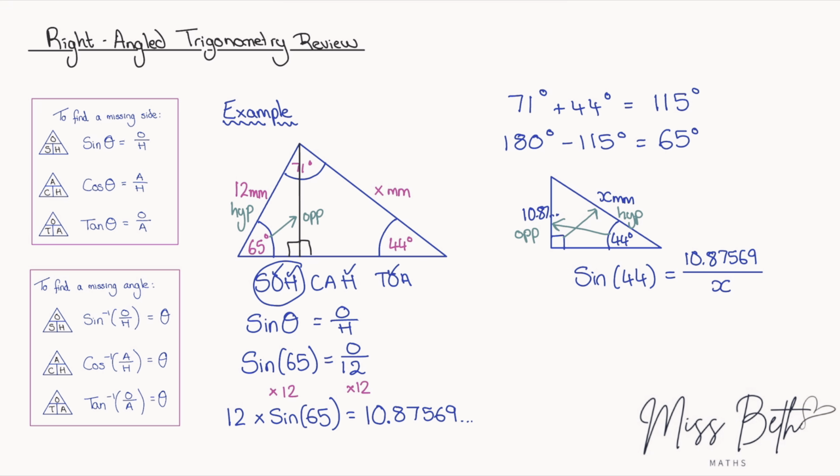So I'm going to rearrange to make x my subject. So multiply by x on both sides first. So we have x times sine 44 is equal to 10.87569. And then we're going to divide both sides by sine 44.